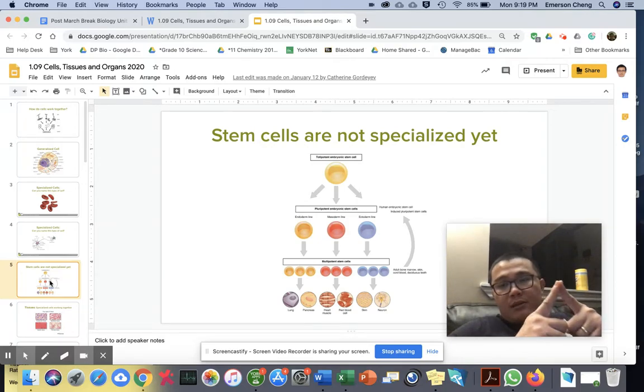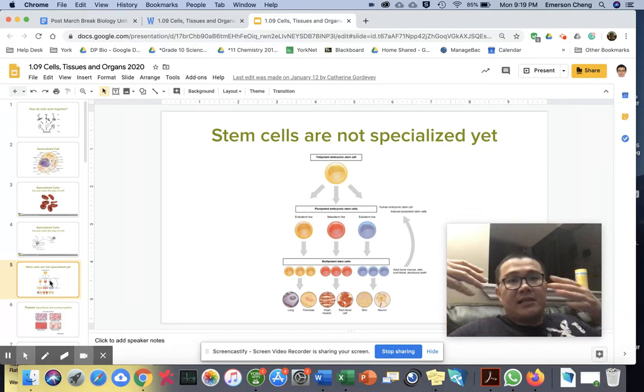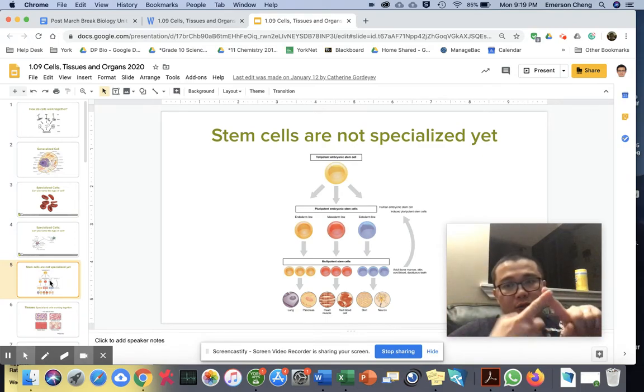You go from one cell to the billions and gazillions of cells that make up you. That original fertilized egg is almost like a stem cell. From those very generalized cells, they specialize into various cells as time goes on.